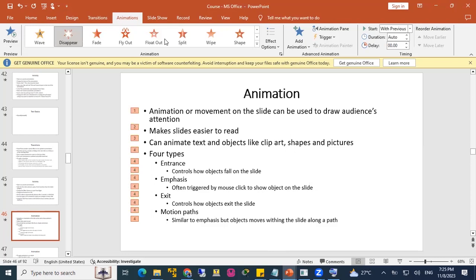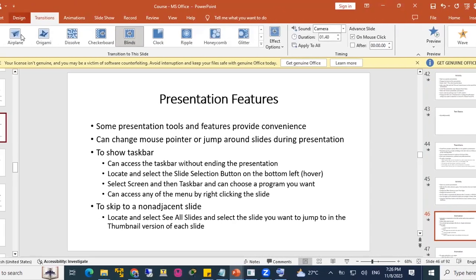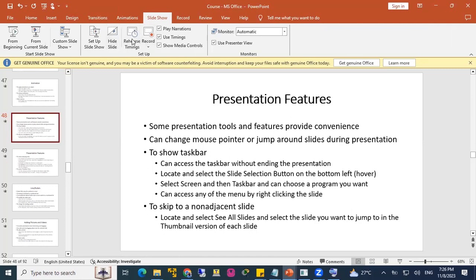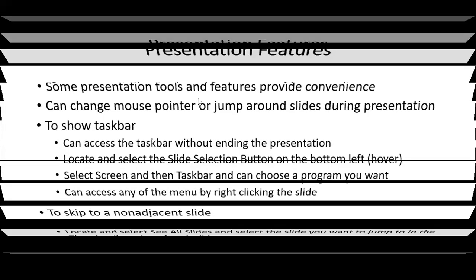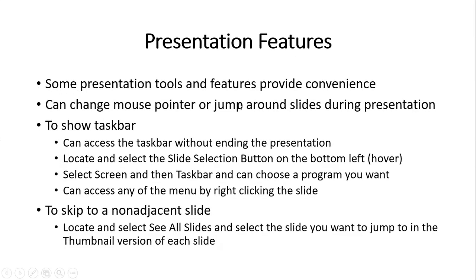So once I'm on this slide and maybe I'm moving to the next slide, it means that the text here has to disappear. So this is the animation effect that will apply on the content. When you are doing a presentation, you must pay attention to the slide.